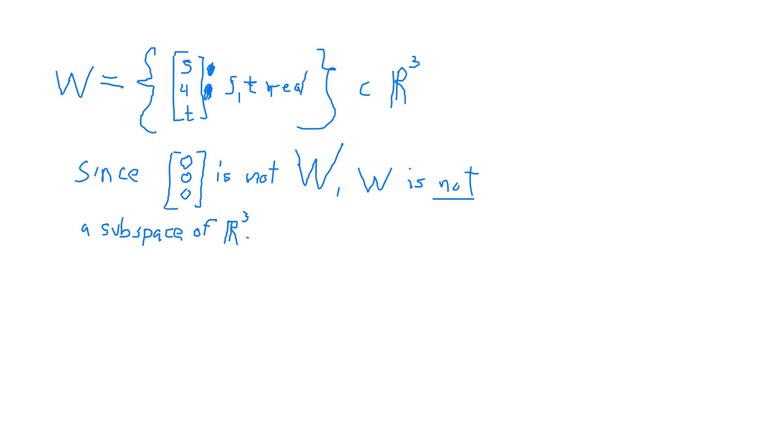All right, let me show you here. One moment. Okay, hold on here. So Matthew's wondering about the zero vector, the fact that it's not in the space. How does that show that we don't have a subspace?